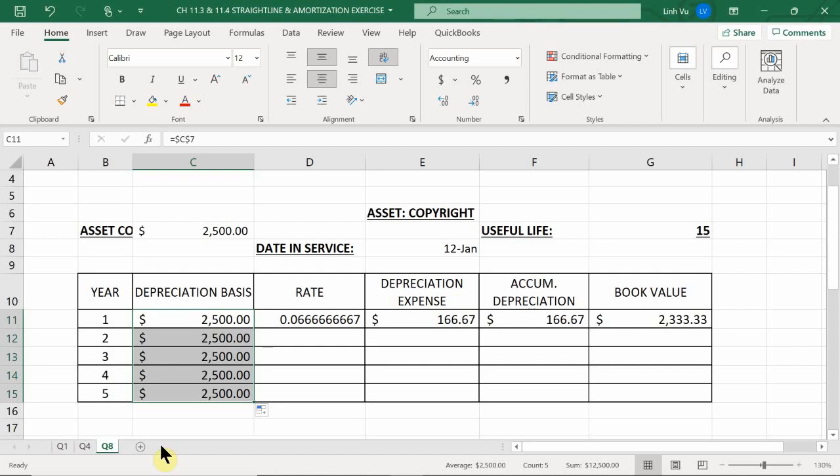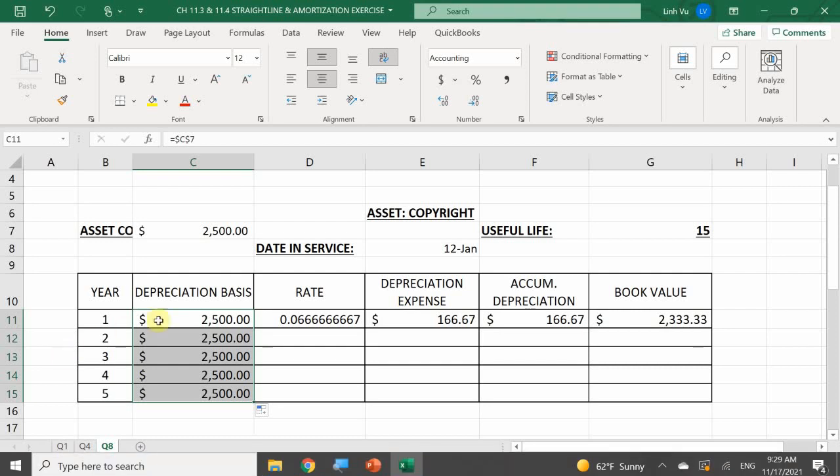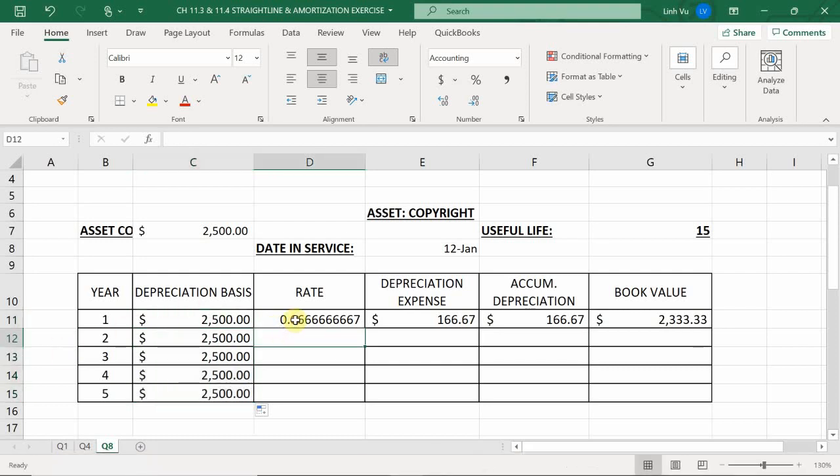And then same thing with my rate, right? It's always going to be 1 divided by the estimated useful life. So therefore, this 0.066666667 is also going to be consistent. So then, what is going to be my depreciation expense for year 2?